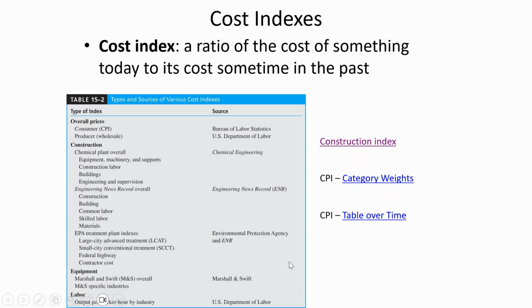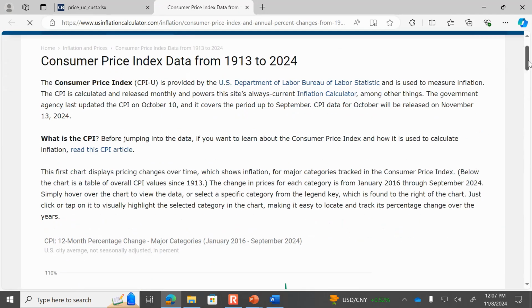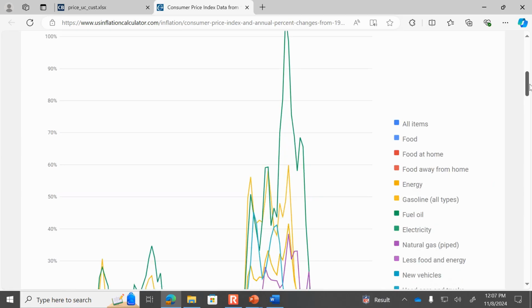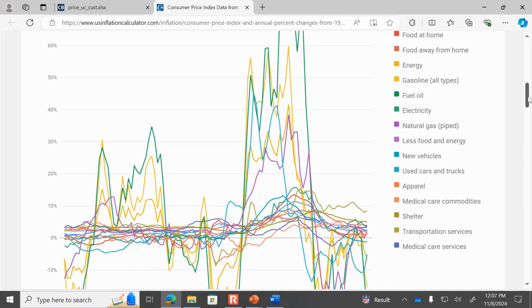There are lots of different data sources related to how prices change over time. The CPI is the Consumer Price Index, and it shows the cost of the types of goods that you likely consume on a regular basis. So it includes things like food, energy, vehicles, medical care, shelter, transportation.